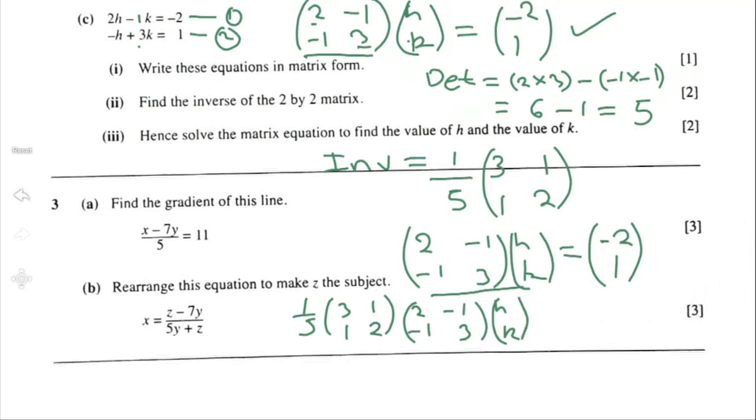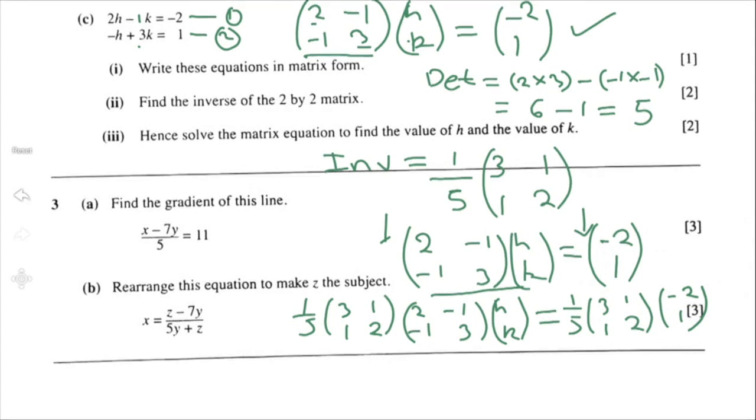So we've multiplied by the inverse on the left. That is equal to, similarly, on the right hand side, 1 over 5, 3, 1, 1, 2, multiplied by -2, 1. So that's the result once we multiply by the inverse, both sides on the left.